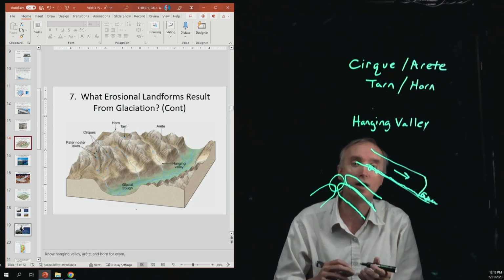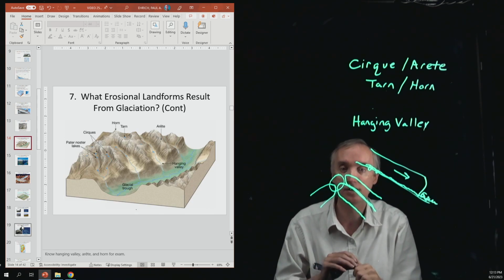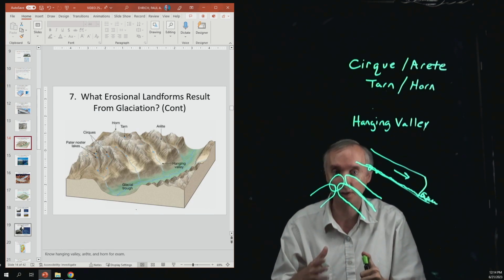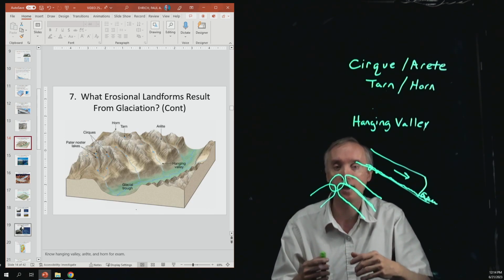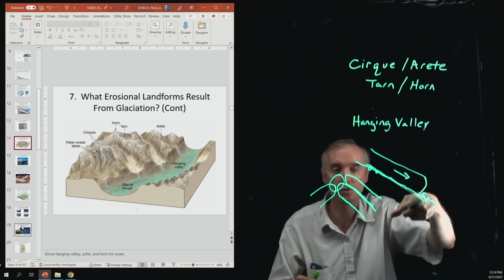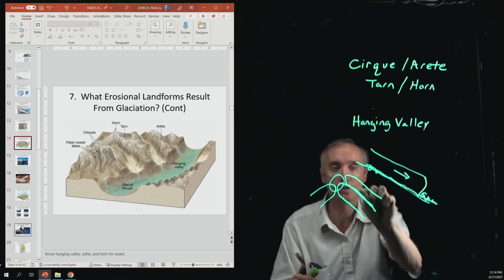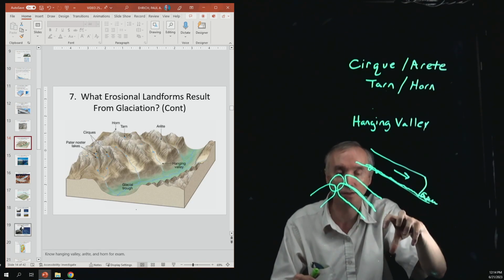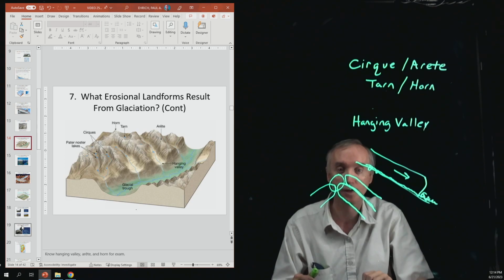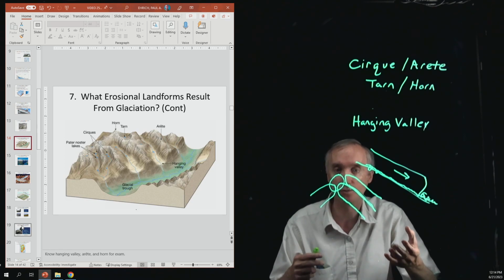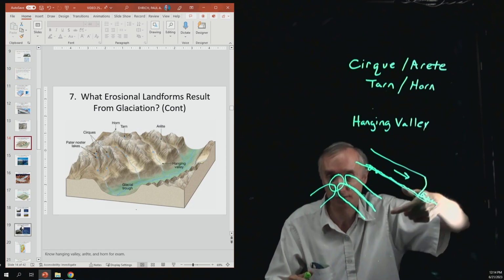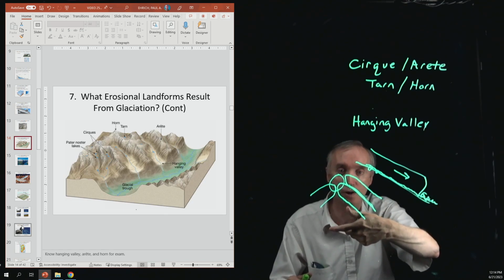Okay, then another interesting thing is you can have multiple glaciers, so that the main glacier was down here in that picture, and then you have these mini glaciers that were emptying into the main glacier. Now the main glacier, because it was larger, cut deeper into the rock.